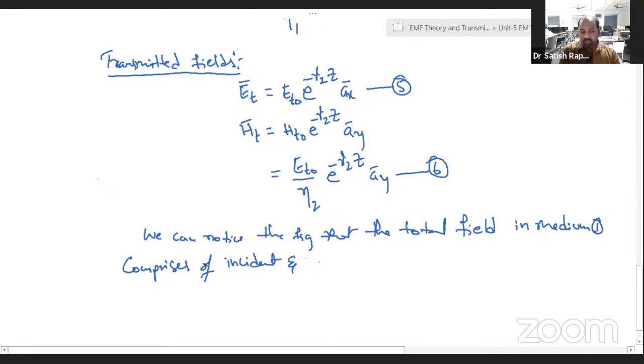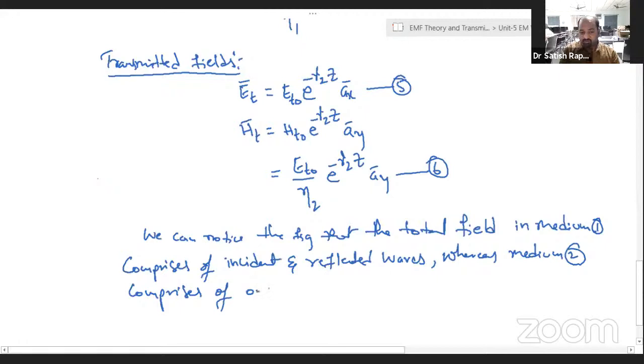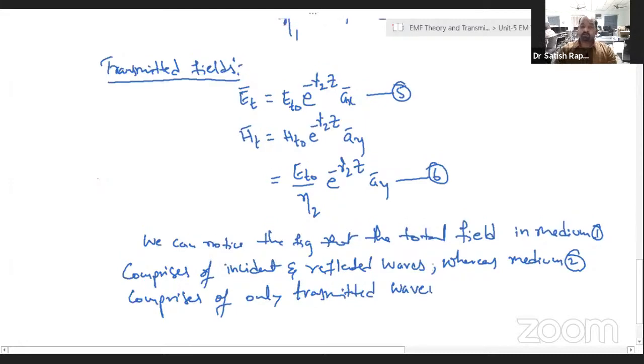Incident and reflected waves, right? Whereas medium 2 comprises of only the transmitted wave, right?